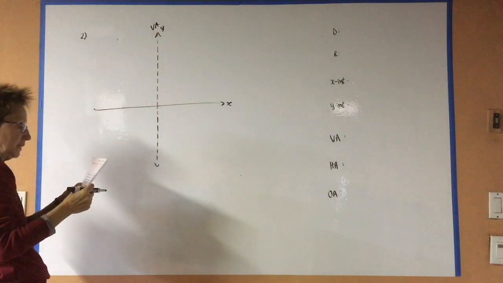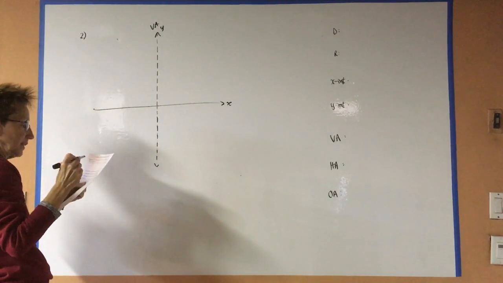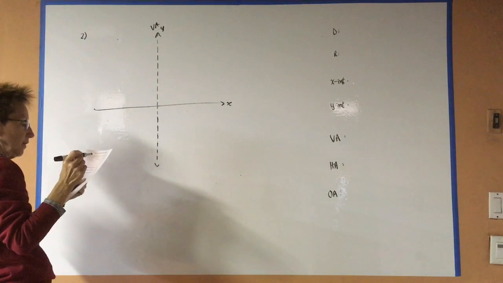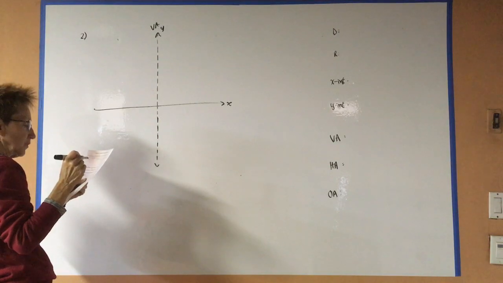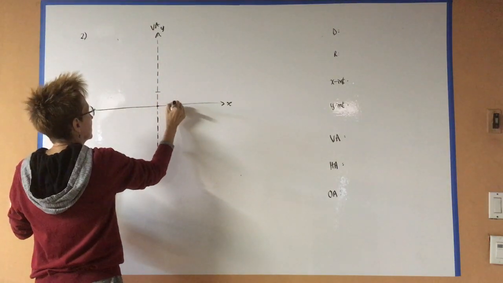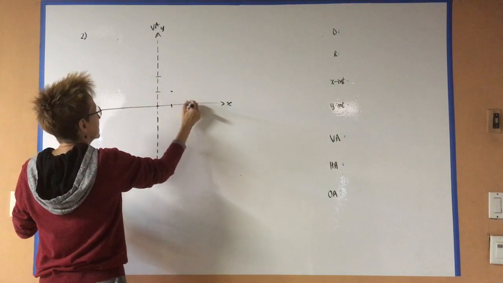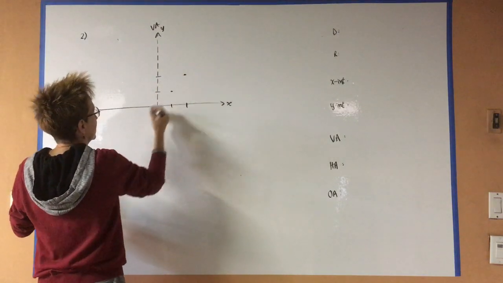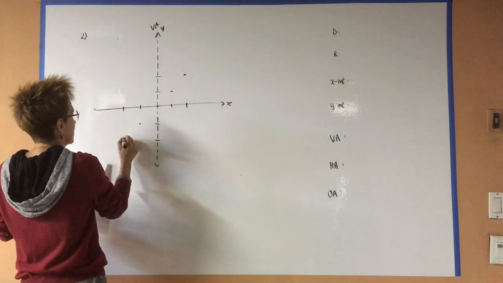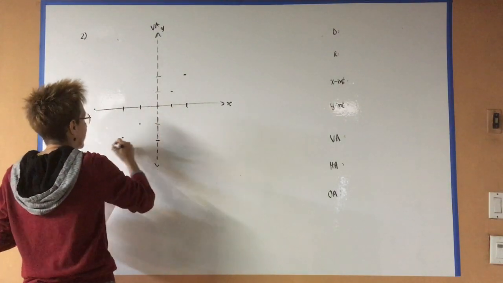And then I have an oblique asymptote, and by way of what I see where I have my dots there, it looks like I have ordered pairs 1, 1, 2, 2, negative 1, negative 1, negative 2, negative 2, and 0, 0. So I can see that slope in the pattern here.